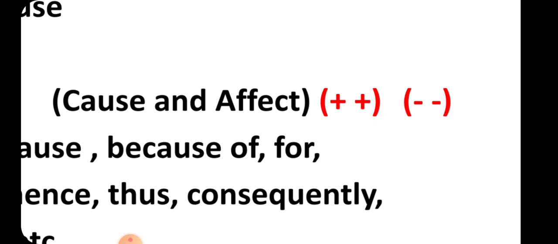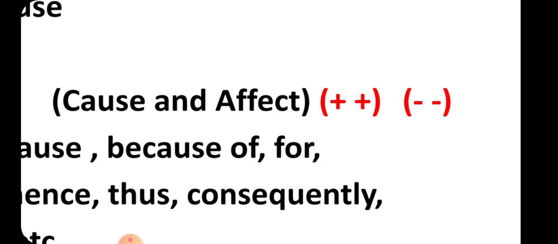For example, because of working hard. When I say because of working hard, working hard is positive, so the result should be positive. Because of working hard, he has cleared all his exams, or due to his hard work he has cleared all his exams. I wouldn't say that due to his hard work he has failed.